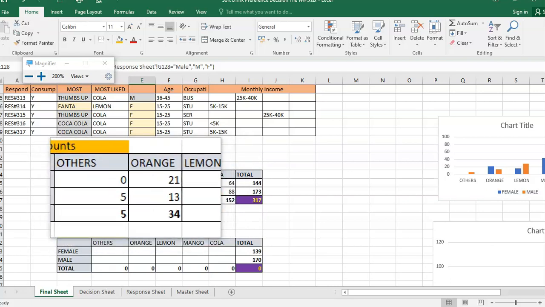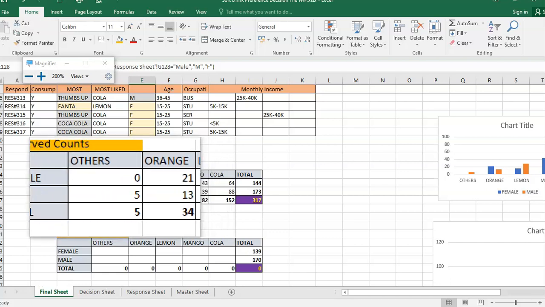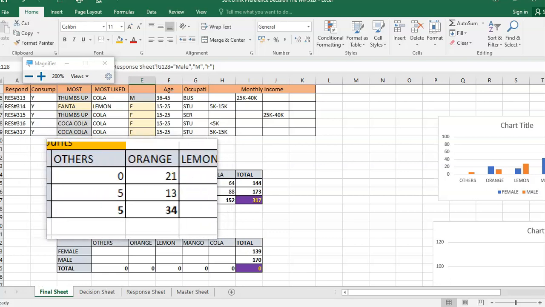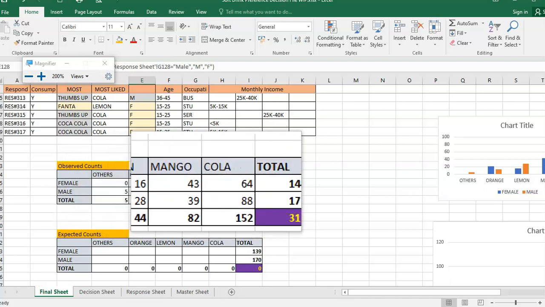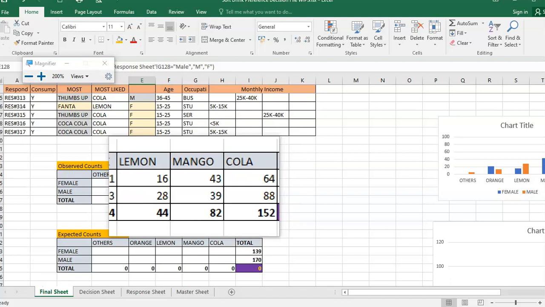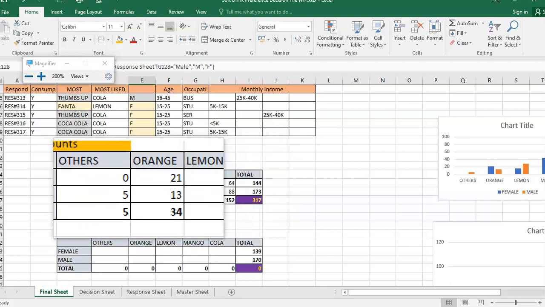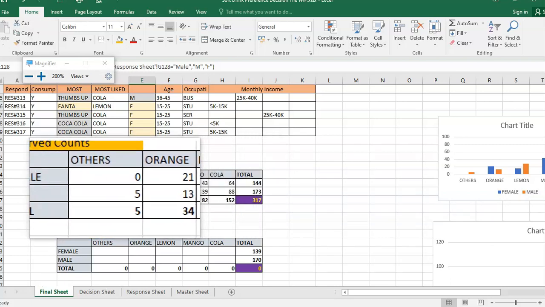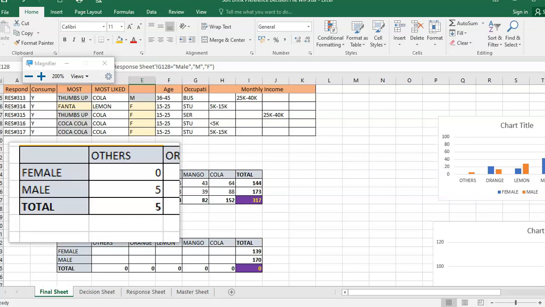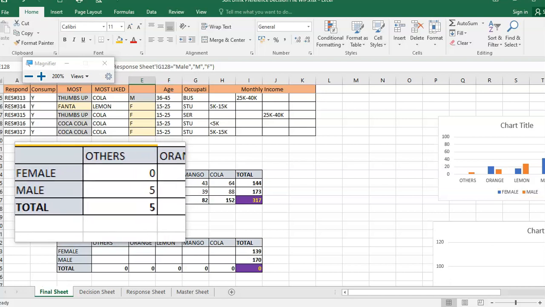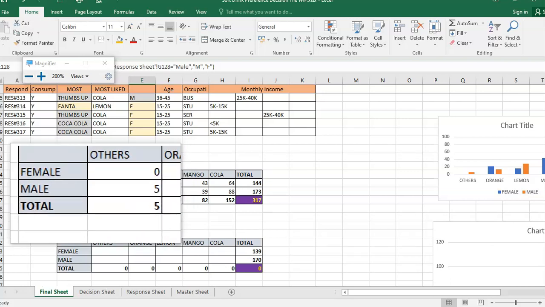So we have seen in the highlighted portion that the options were others, orange, lemon, mango, and cola. The columns were showing different options of flavor, and the two rows show female and male, female on top, male at the bottom.